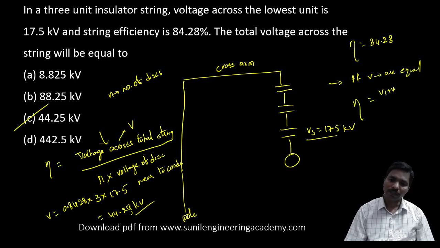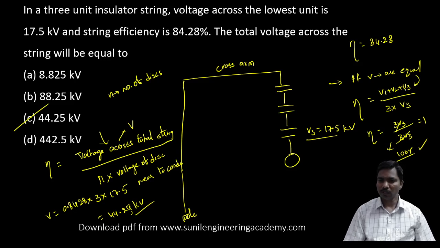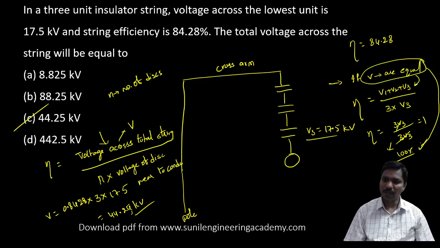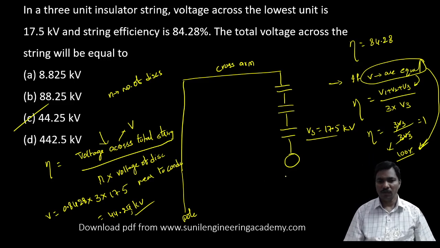Let us take V1 plus V2 plus V3, total voltage, by number of discs into voltage near to the conductor, V3. If V1 is equal to V2 is equal to V3, then it is 3V3 by 3V3. So you will get 1, that is equal to 100% efficiency. So whenever the voltages are equal, we may get 100% efficiency. That's why we need to reduce the K value, we need to reduce the C dash value.